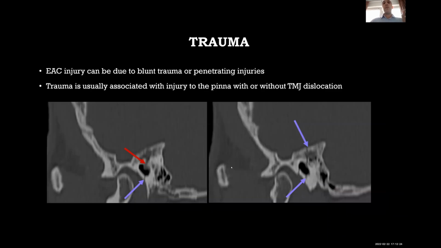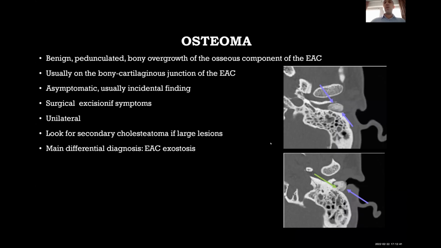Trauma. Don't forget, have a look at the external auditory canal. It can be injured, either isolated or associated with petrous bone fractures. Osteoma. It's very important because it happens, and for me, it is not uncommon.